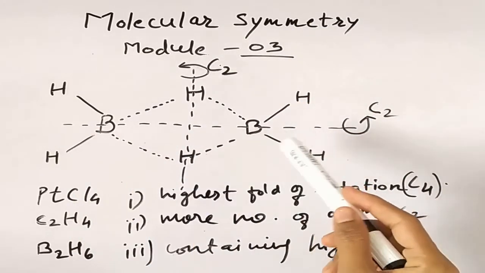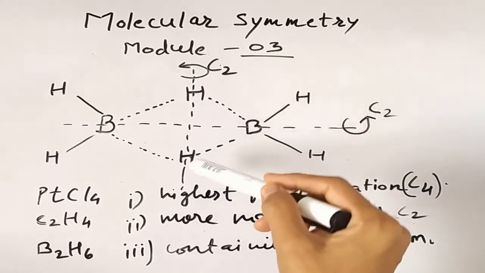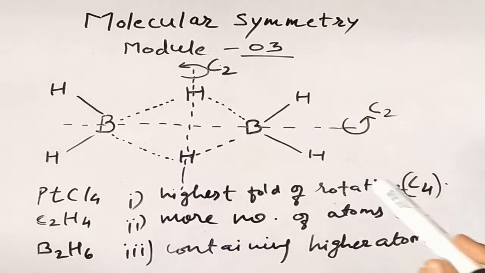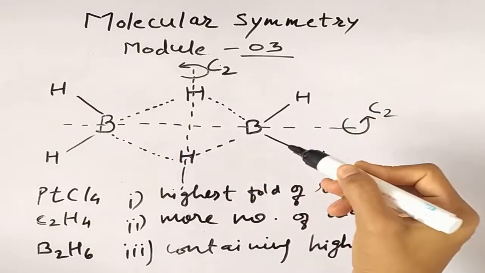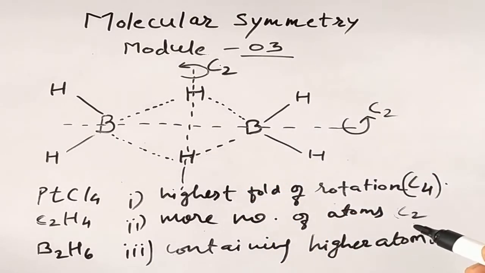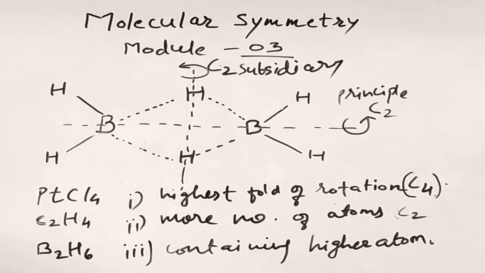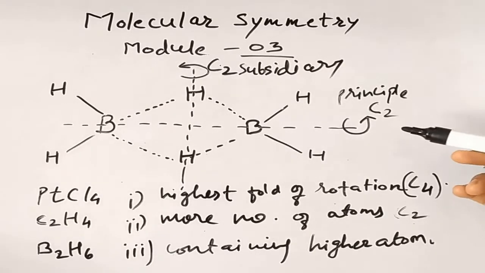So on both lines the number of atoms is the same, that is 2 and 2. Hence here we need the help of the third rule, that the line containing the higher atom becomes the principal axis. Now we all know very well that, rather than hydrogen, boron is the atom having higher atomic number. So this C2 becomes the principal axis and this C2 will become the subsidiary axis.